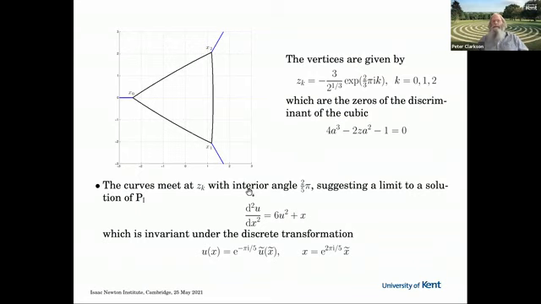The curves meet with an internal angle of 2 pi by 5, and 2 pi by 5 is suggesting a limit to Painleve 1, because we know that Painleve 1 has this 5-fold symmetry.